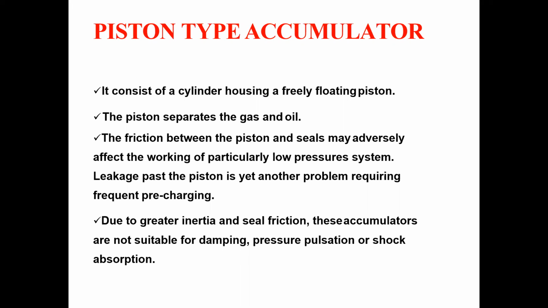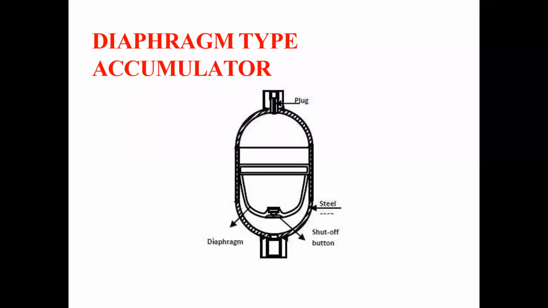This piston type accumulator is less effective because there is always a continuous friction between the piston and the cylinder. But here in diaphragm type, this disadvantage is removed by the use of this diaphragm.